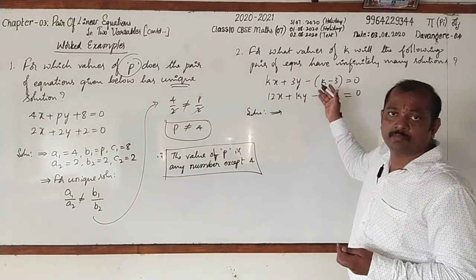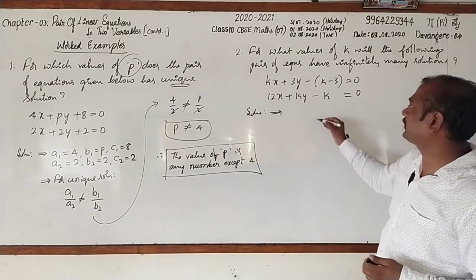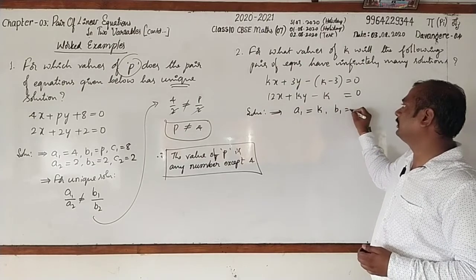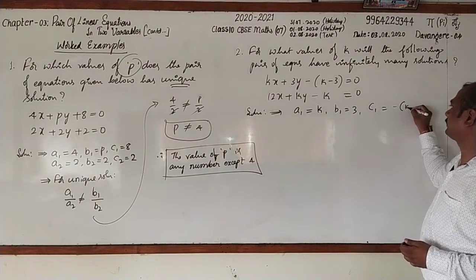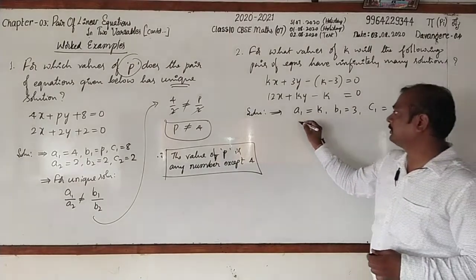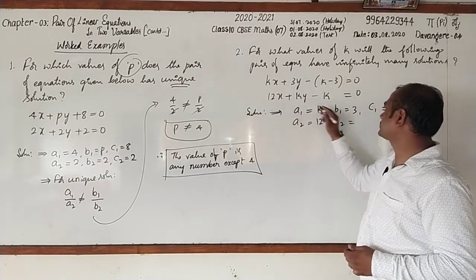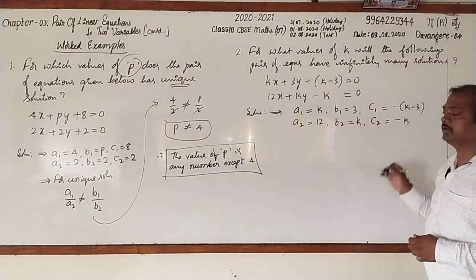See, dear students, the given equations are already in standard form. Just we shall go for writing the coefficients. What is A1? It is k. B1, it is 3. And C1, it is minus of k minus 3. Similarly, A2, this is 12. B2, this is k. And C2, this is minus k.